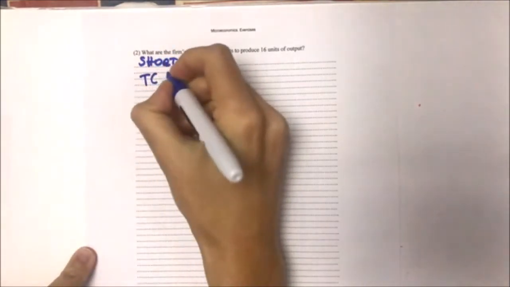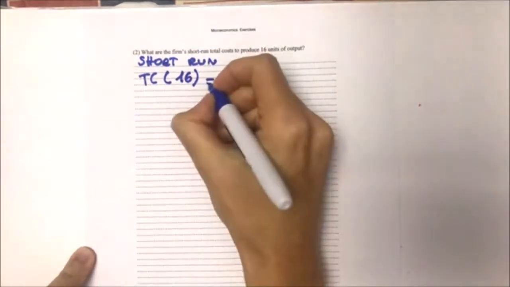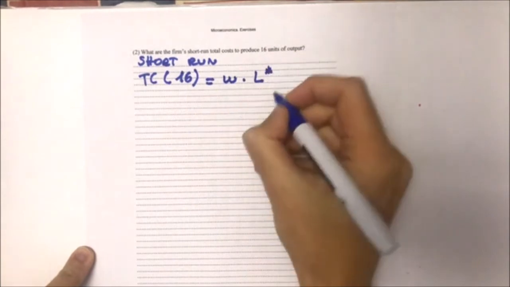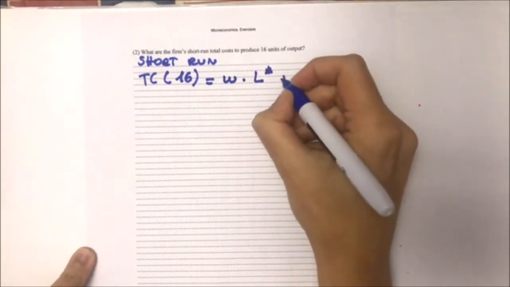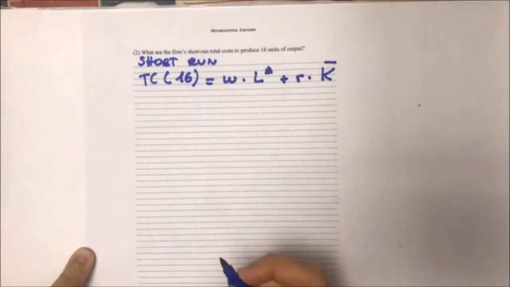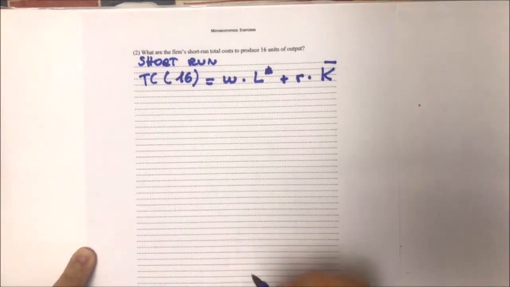The total cost of producing 16 units in the short run are given by the wage times the amount of labor we use, plus the unit cost of capital times the units of capital employed, K bar, because again K is fixed in the short run.